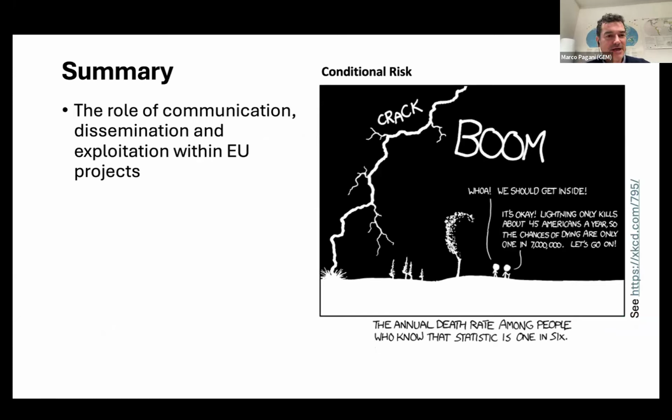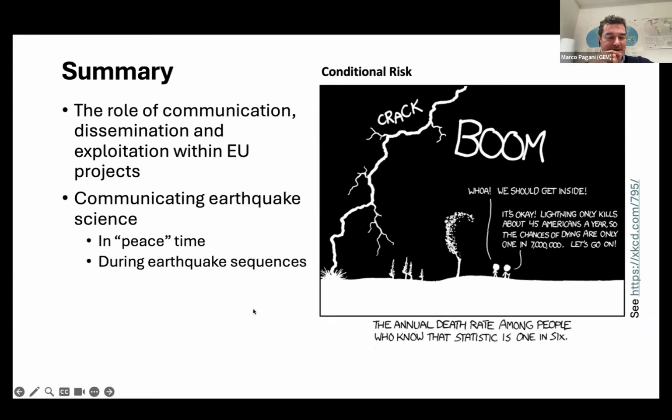What I'm going to discuss is split essentially in 3 parts. In the first part, I will briefly discuss the role of communication, dissemination, and exploitation within European projects, with a focus on what we are supposed to do within the project. I've been rereading the proposal and discovering things that I did not catch as clearly when we were preparing it, particularly regarding the role and importance of communication, dissemination, and exploitation.